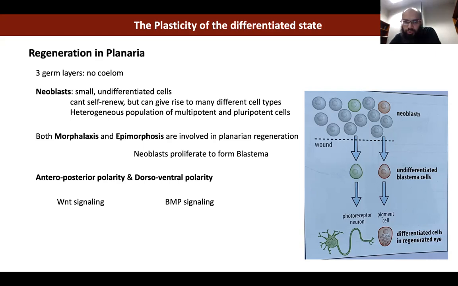The experiment that demonstrated this pluripotency was that they irradiated planaria, and we discussed earlier what happens if you irradiate an animal or cell. Dividing cells are completely lost, the DNA is irreversibly damaged, and the cells cannot divide any further.